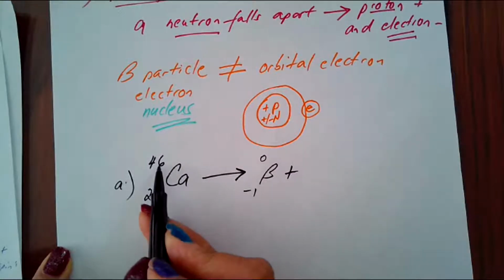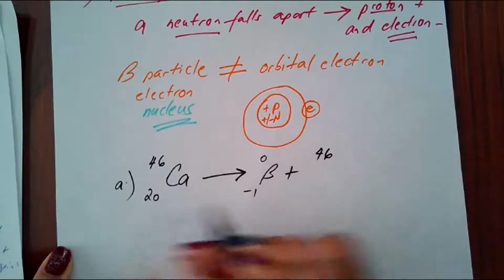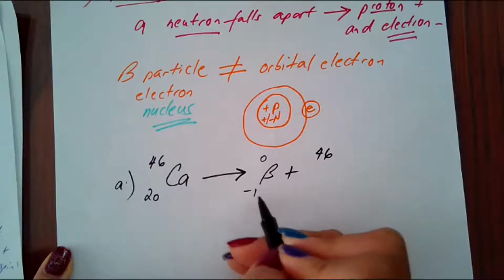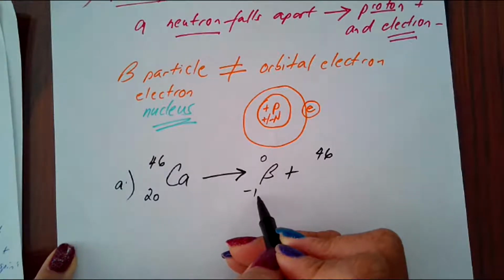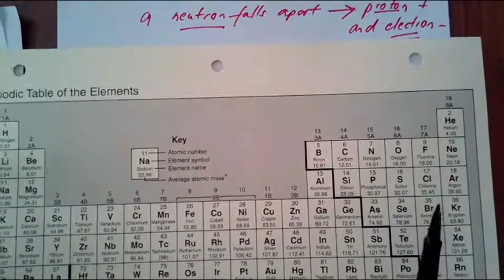And what happens is 46 take away 0, still 46, and 20 take away negative 1. So 20 minus negative 1 will have to be 21. Looking up number 21 on the periodic table, you get scandium.